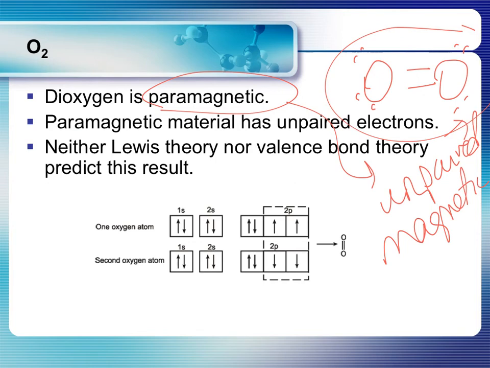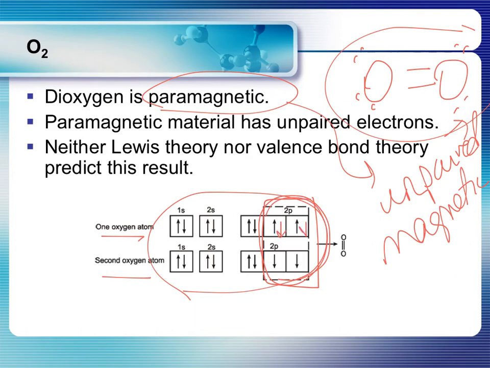So if you just looked at valence bond theory, I hope this doesn't confuse you more than it helps. If you just looked at valence bond theory and you have the orbital diagram for two oxygen atoms, and you combine them, it looks very simple, right? Like you would just combine the atomic orbitals, and when you did so, they would all pair up and you'd be happy, right?